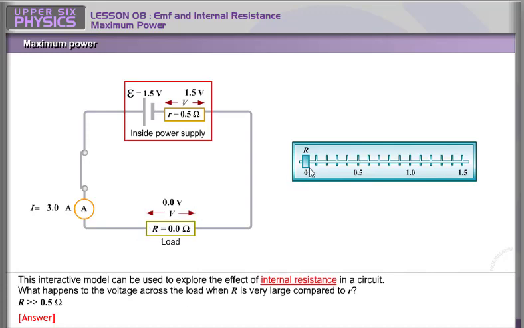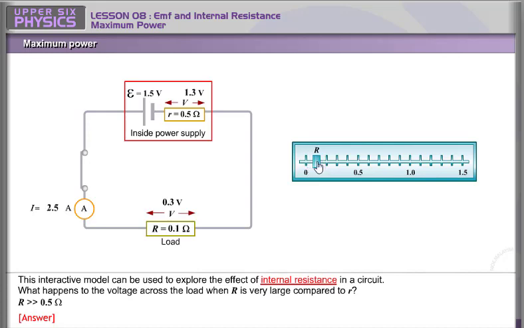Okay, so see what happens when I increase the resistance. This resistance now is 0, so the voltage across the resistor is also 0, right? So I increase, see what happens.